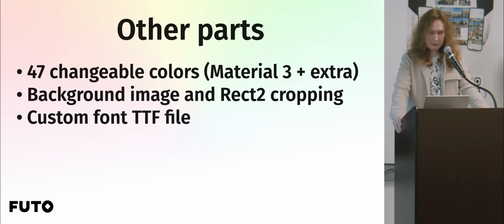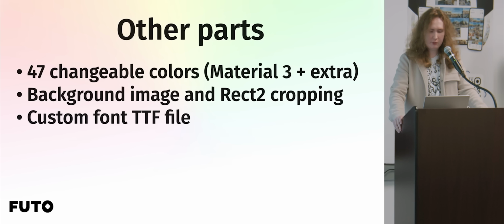So yeah, other than that, there's 47 changeable colors. Most of these are just Material 3 colors, which is Google's material design scheme, like primary colors and such. There's a few extra ones we have for various aspects of the keyboard.